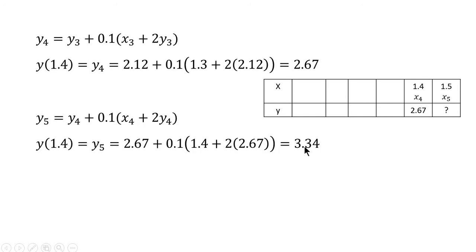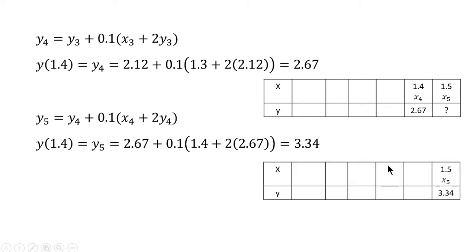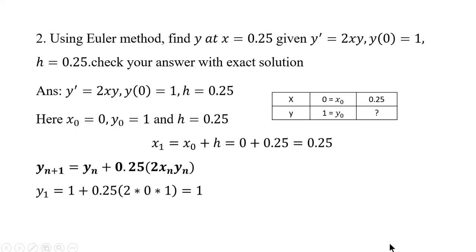Substituting the values, we get y5, which is 3.34. I am going to update the table. So finally we have arrived at the value of y when x equal to 1.5. So these many steps have been taken to find out the value of y when x equal to 1.5.